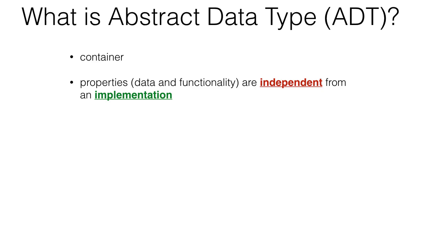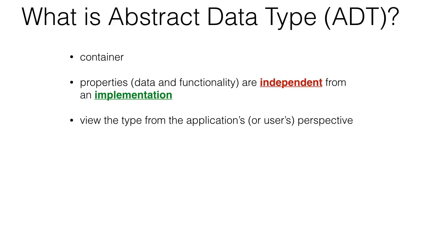It's just meaning that both data and functionality are represented within the data type. And those properties are independent from the implementation. That's the abstract part of it. The implementation is the specific part. And we'll get to why in just a bit.